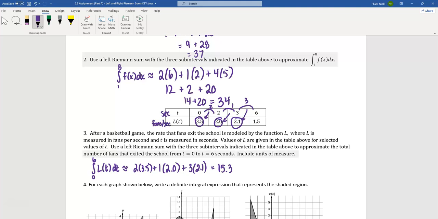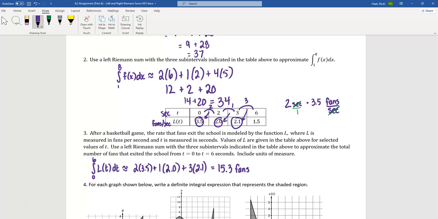So, whenever we look at this here, I'm going to be multiplying, like when I multiply that 2 by the 3.5, right? 2 is measured in seconds. 3.5 is measured in fans per second. What happens here with the seconds? They cancel each other out, right? So, what units do I have here? Just fans.